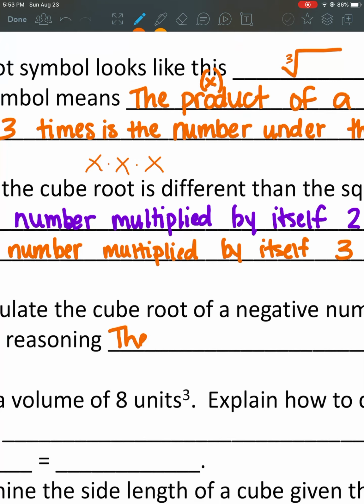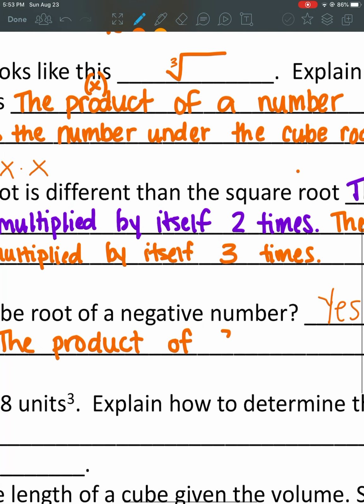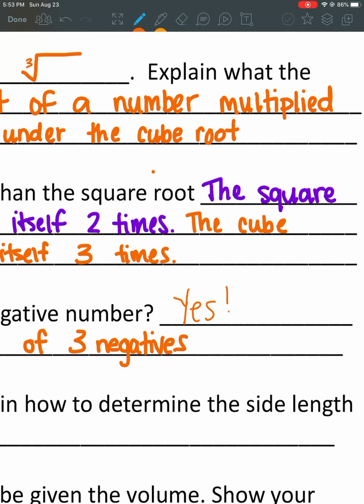So the product, and remember again, product means multiply, of 3 negatives is a negative. And I'll show you an example. I'll continue with my example with my -3.